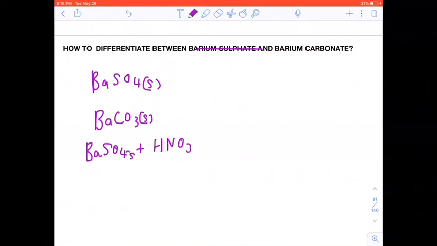Right, barium sulfate, which is a solid, we add nitric acid to it, and then we find that nothing happens. Nothing happens, if we suspect it's a sulfate or a carbonate.